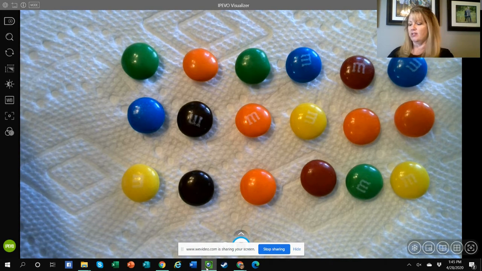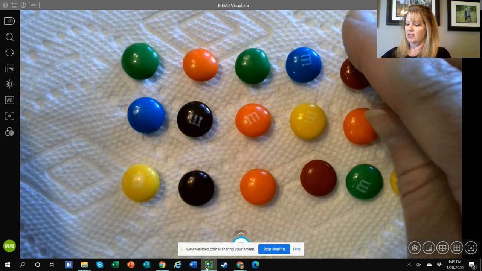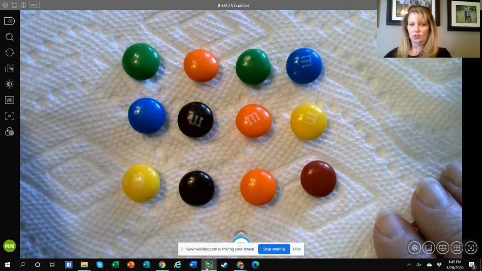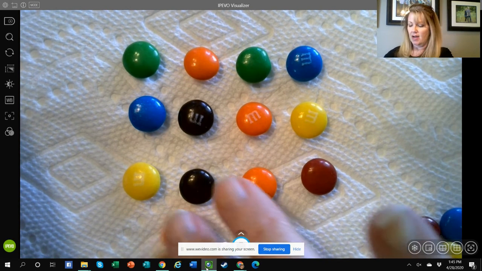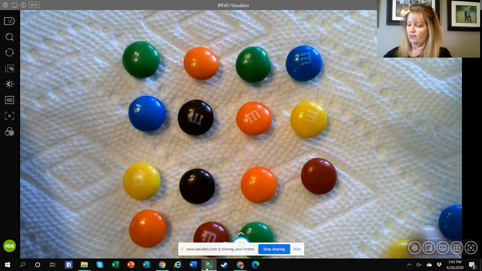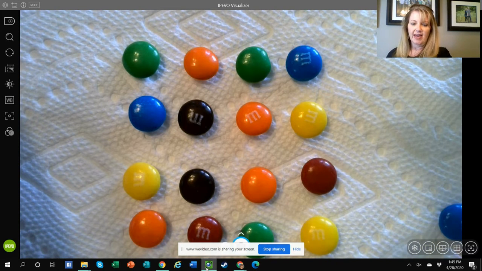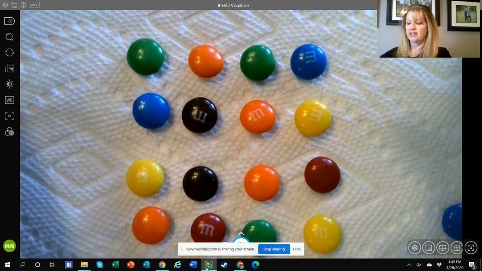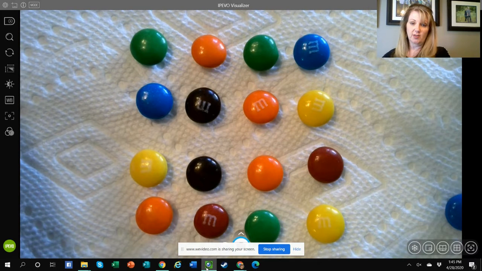I could say that 3 rows of 4 equals 12. 3 times 4 equals 12. I could make this 4 rows of 4, and I can multiply that and say 4 rows times 4 columns equals 16. So arrays are very important to us.